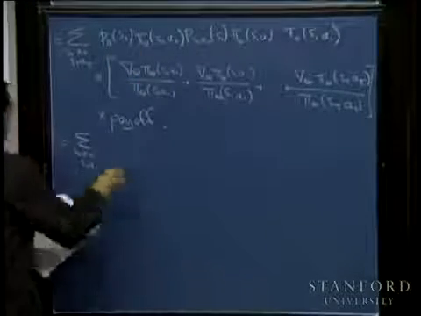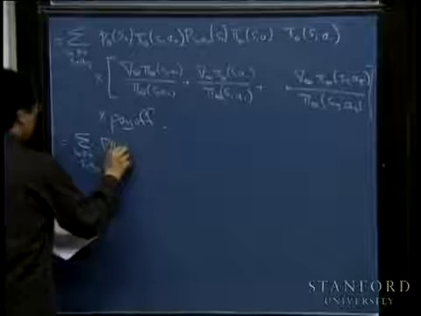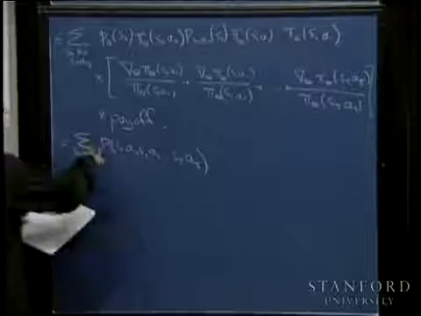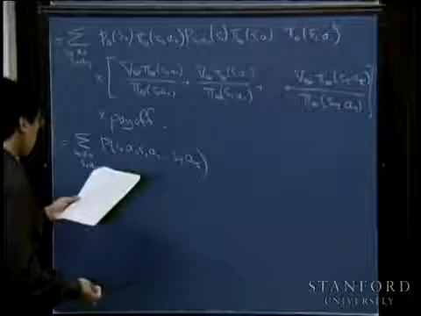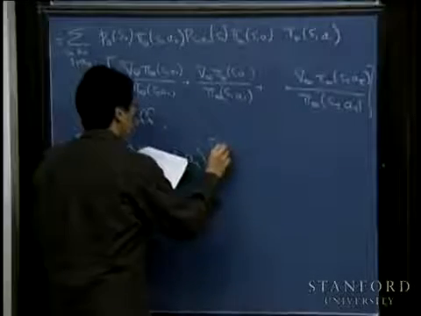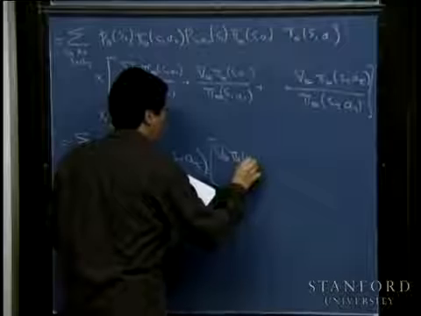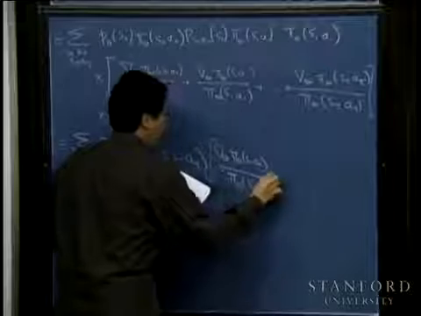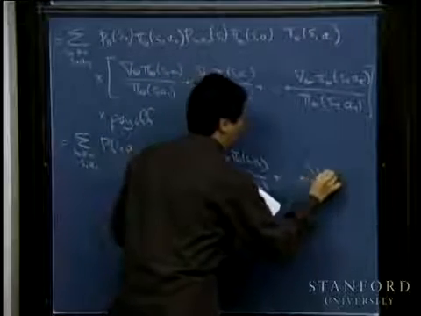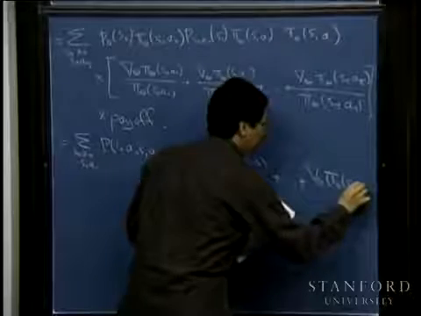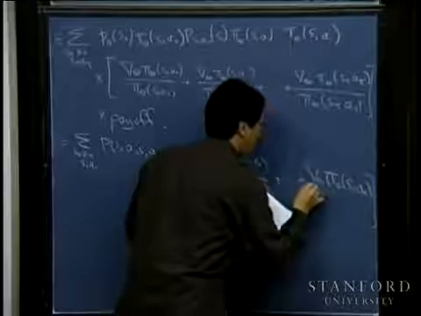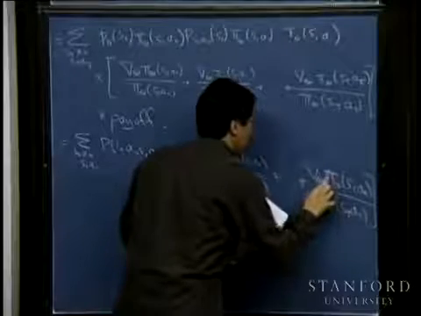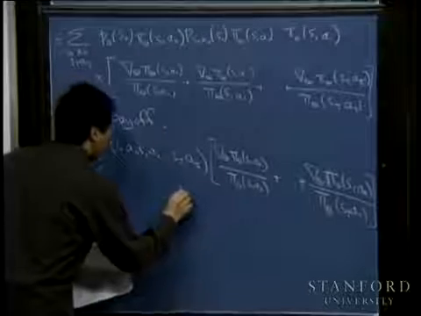But that term on top is just what I worked out previously, which was the joint probability of this state action sequence. And now I have that times that times the payoff.